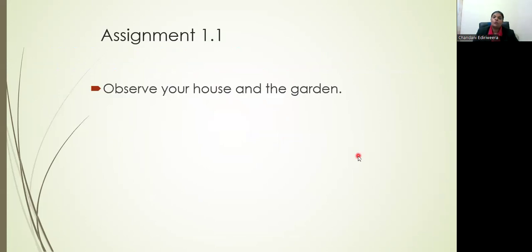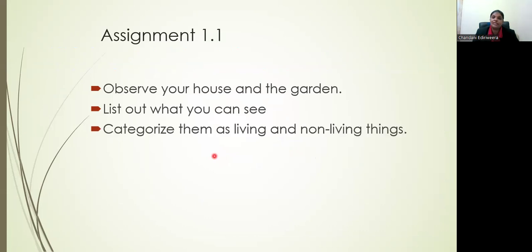So you noticed your house or the home garden and your school environment. So you can list out these things under the two categories as the living things and non-living things, right? So when we observe all the living things and the non-living things, you can list out many examples.